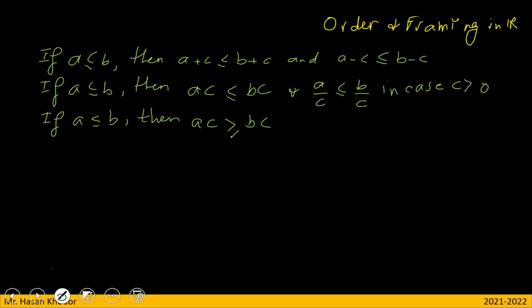Bigger than BC. And the same thing concerning the division. So when we multiply or divide by a negative number, the sign of the inequality must change. So here we talked about adding. Adding doesn't change the inequality.